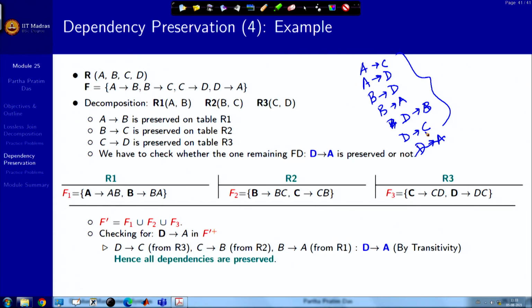So, if I can ensure the compliance with 3 of these dependencies, then I will comply the 4th one.